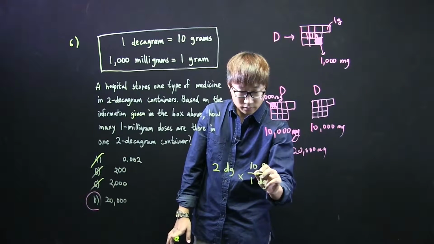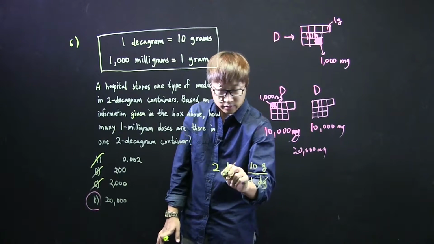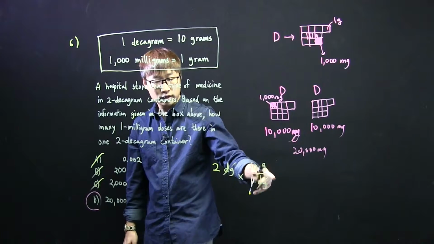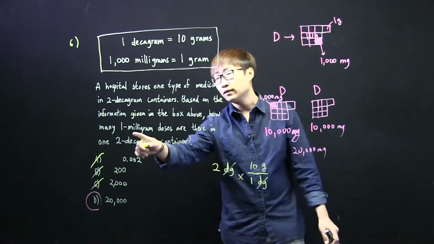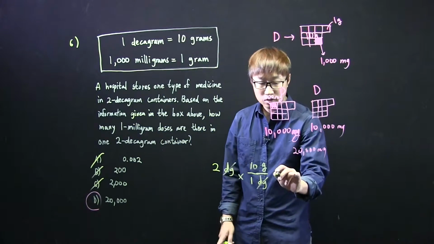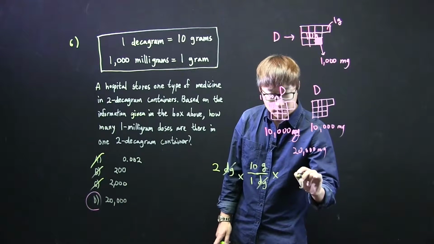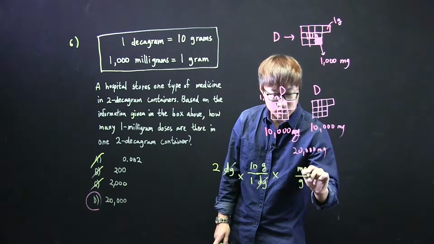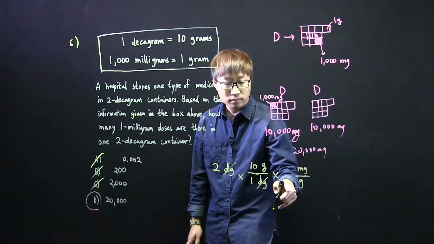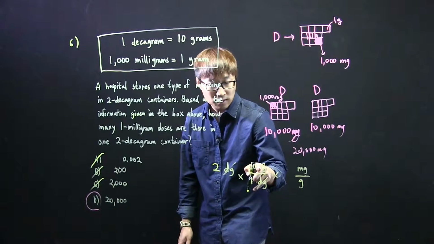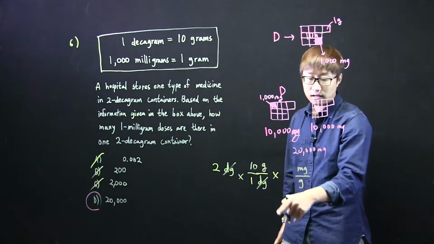And then check it out. When I cancel the decagrams, I'm going to be left with grams as my unit. But I don't like that because I have to put it in milligrams. So I'm going to use the grams to milligrams unit conversion. Once again, the reason I'm putting the grams on the bottom is because I want to cancel the grams on the top here. You guys all see that?